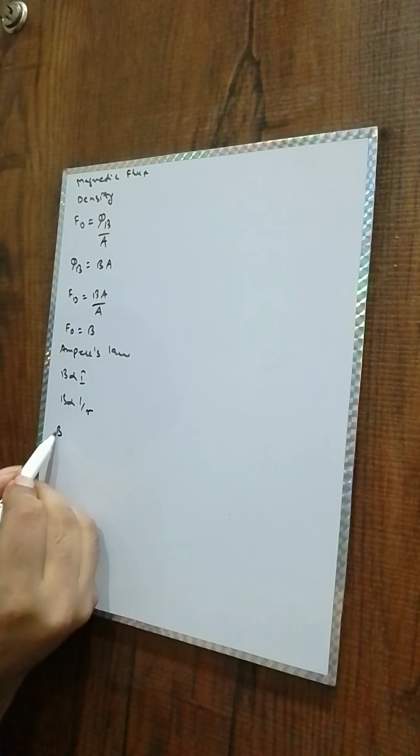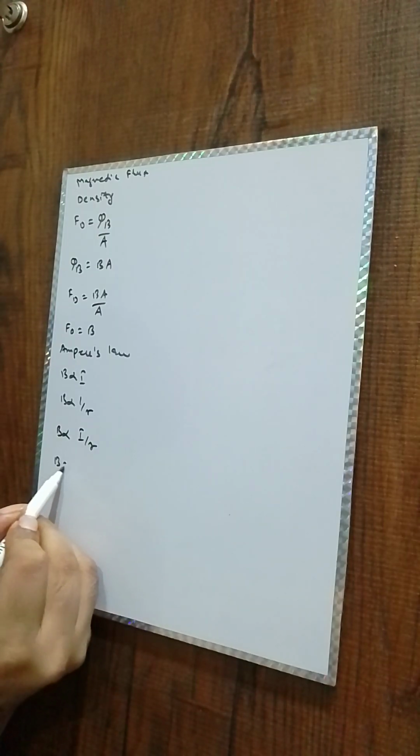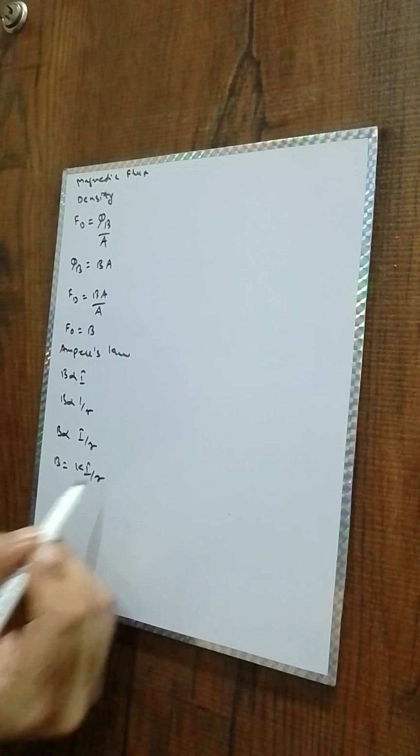So the magnetic field collectively is proportional to I by R, and magnetic field is equal to K I by R, where K is the constant of proportionality and its value is mu naught by 2 pi.